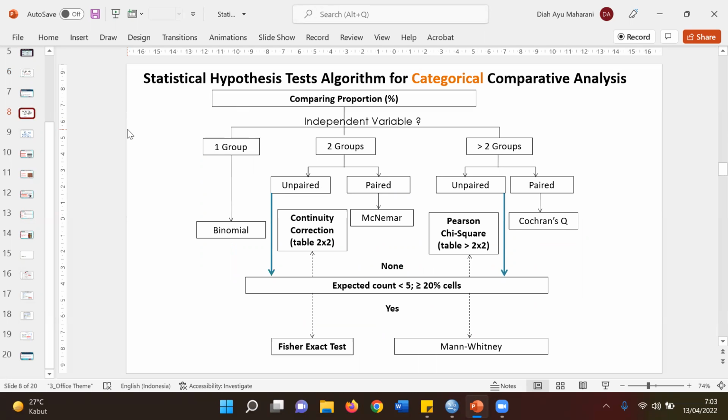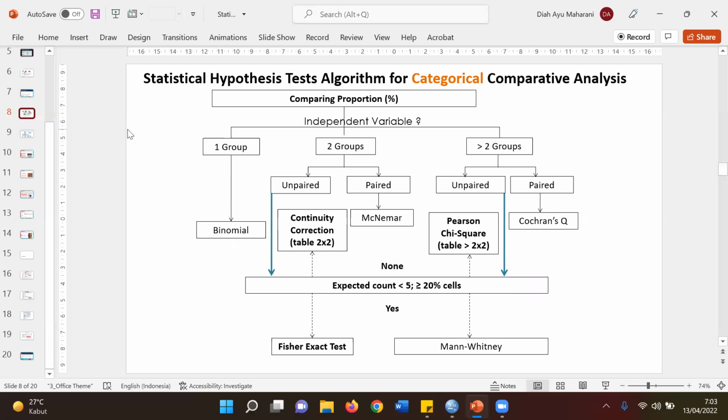comparative analysis. Previously we were comparing numerical values, which means we were comparing means. Now we're going to compare data that are categoric, such as education, like lower, mid, and high, or categorical, such as gender, female and male, and so forth.